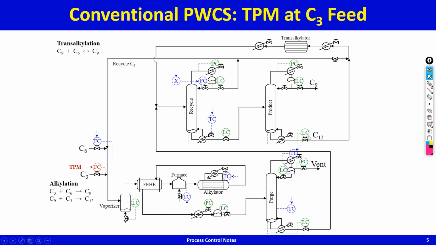Well, by itself it won't work, because C12 flow is very small compared to what's coming in and what's going out. So how can you control a flow using a small leak?